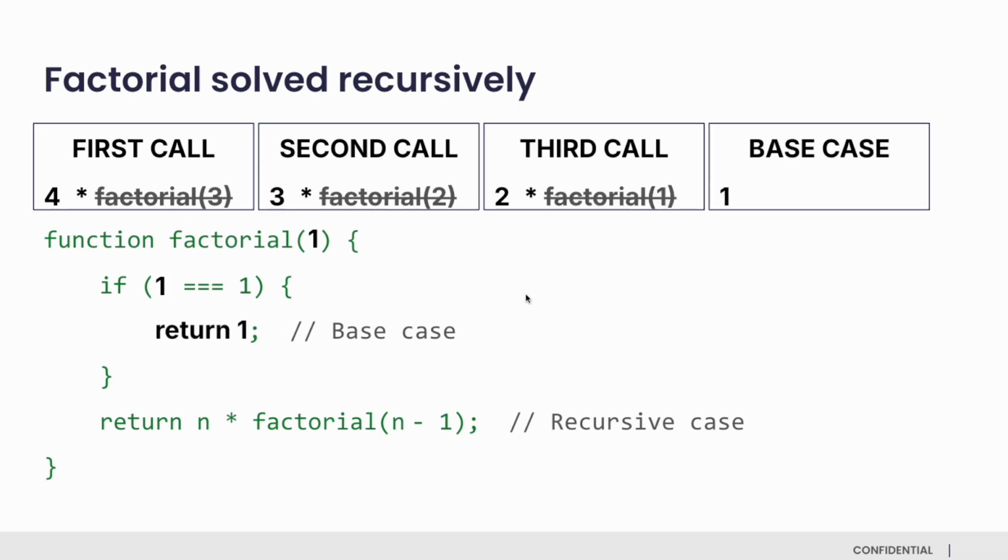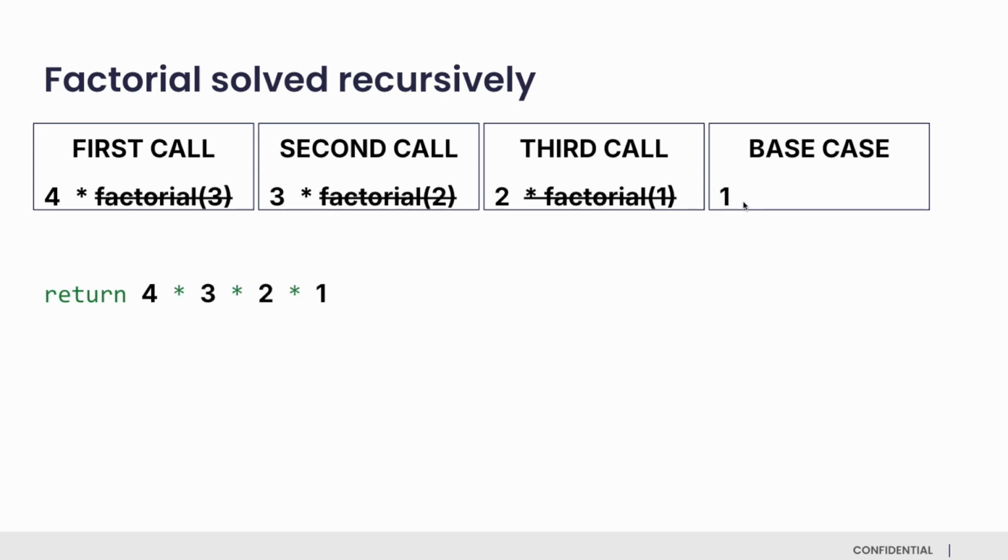And then our final call is our base case, because factorial of 1, n does equal 1 here, so we're going to return 1. So now we have 4 times 3 times 2 times 1. And the recursion will begin to unwind as we go back up this call stack.